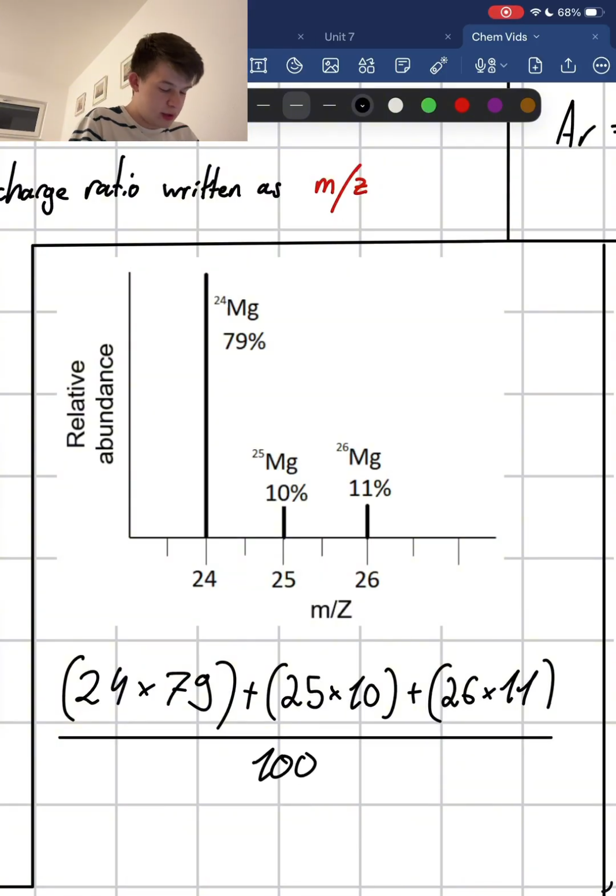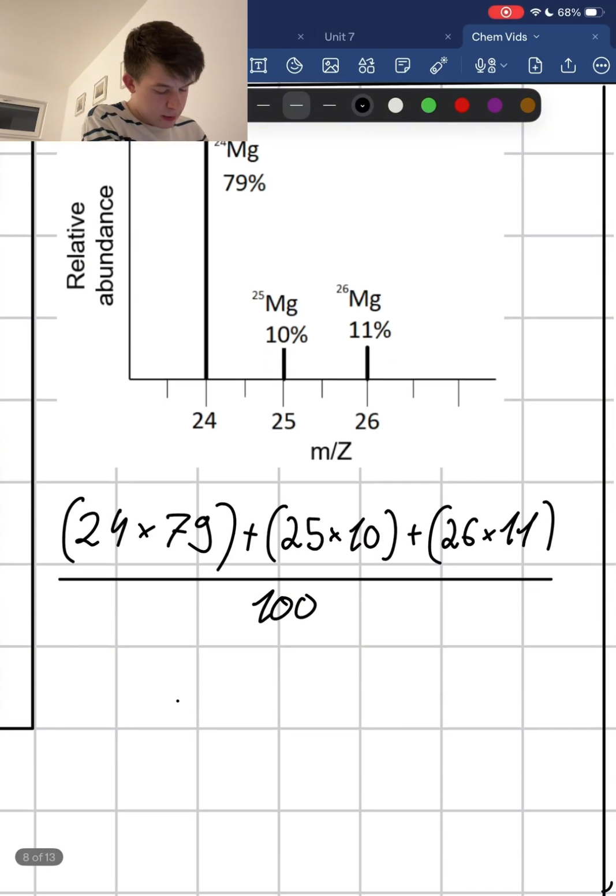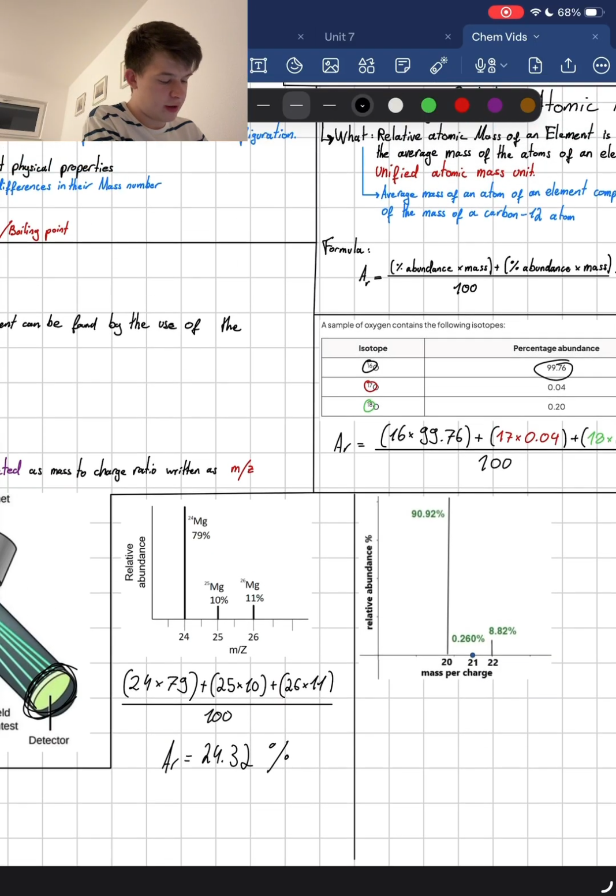If you now put this in the calculator, that will give us 24.32. Sorry, I forgot to add the units at the back.